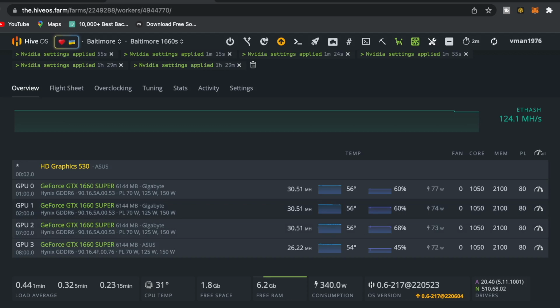Okay, so here we go. Interesting, all the Gigabytes now are running at 30.51 megahash. But interestingly, the ASUS TUF with a positive memory setting has dropped from 31 point whatever it was to 26.22.